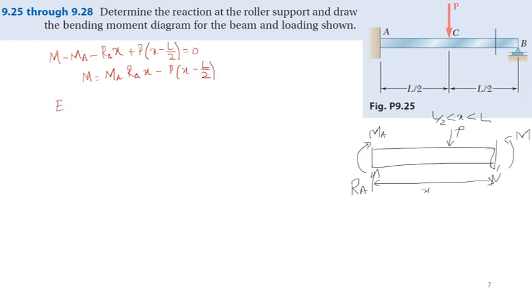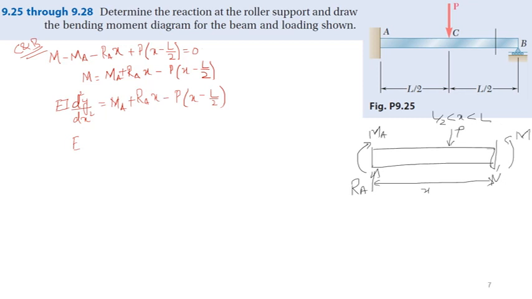Now the differential equation of elastic curve, this is for portion C and B, between C and B: EI d2y by dx square. So this equation will be, sorry, there will be a positive sign over here, MA plus RAX minus P times X minus L by 2.